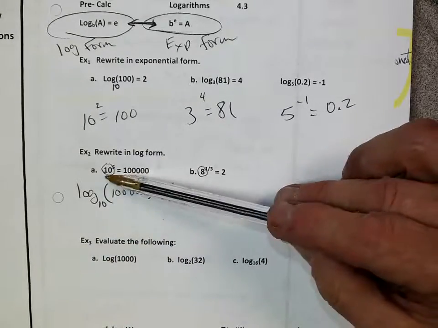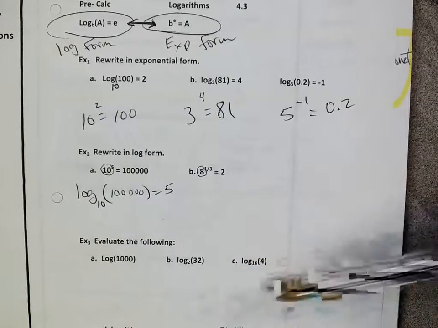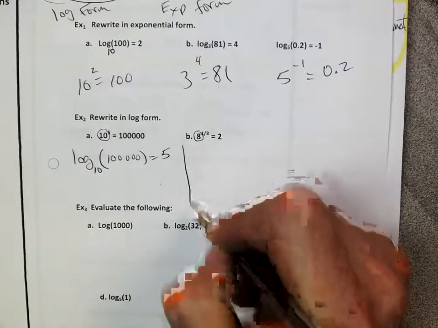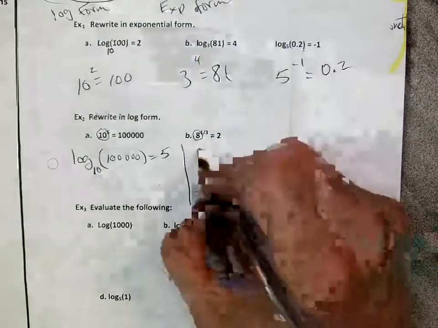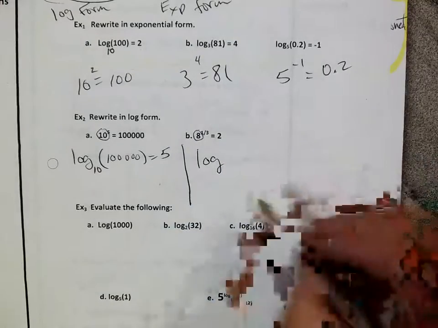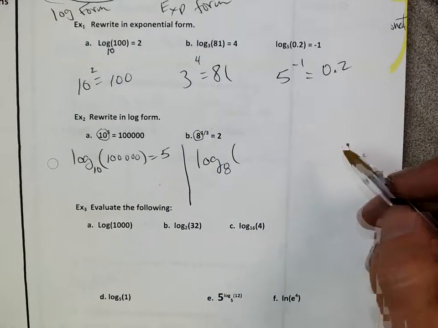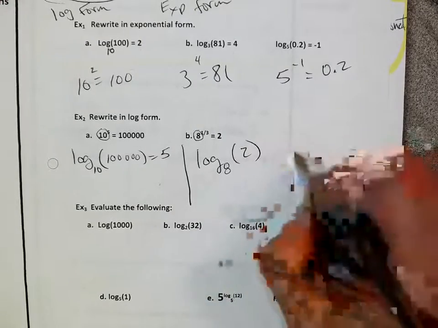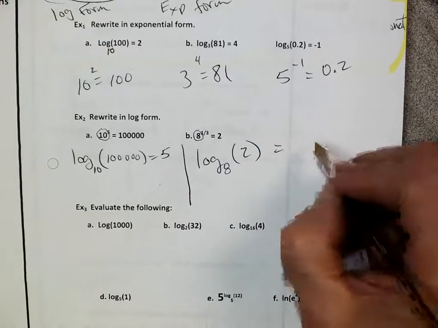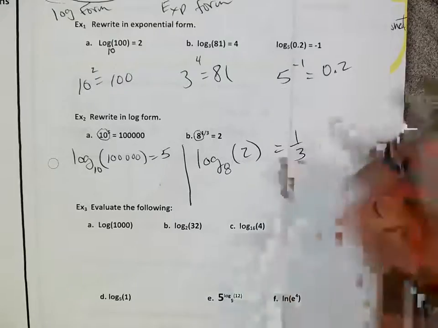That's all I do. Okay, how about B? How would you write B? Log base 8, good, of 2 equals, that's it. That's all you do.